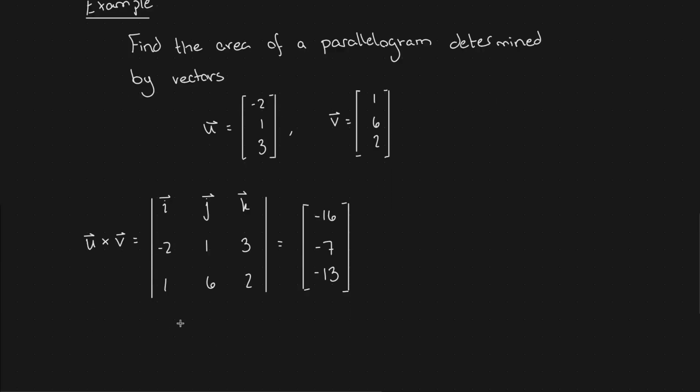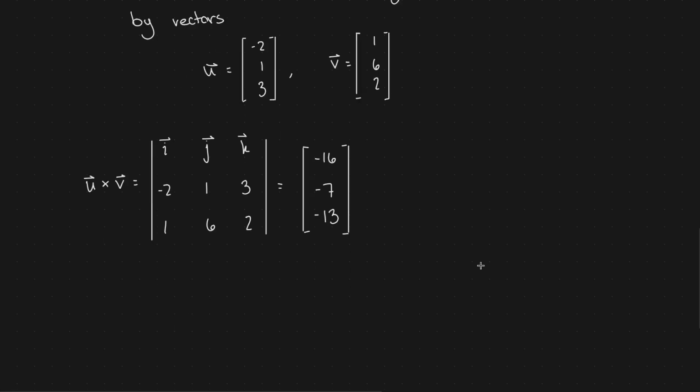To find the area, we want the norm of u cross v. So the norm of u cross v is going to be the square root of the sum of the squares of the components of the cross product.